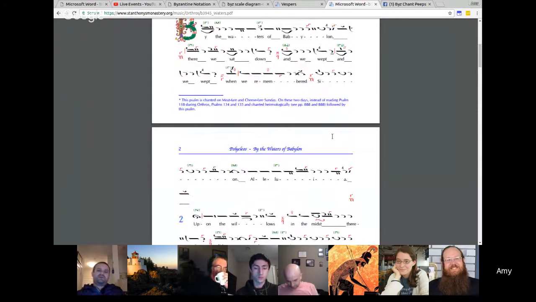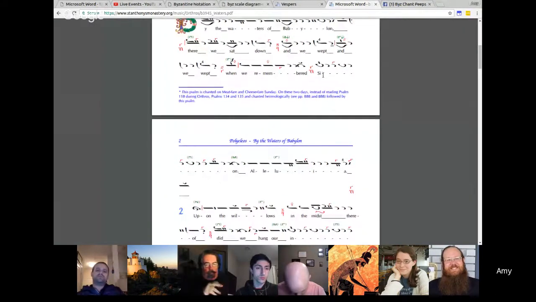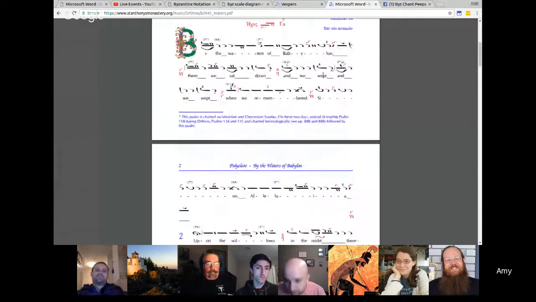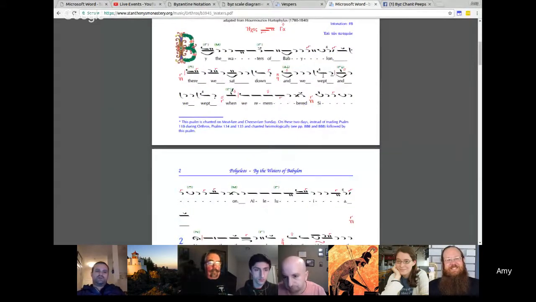I think these things tend to be reminders of the mode, because that zo on Scion is going to be flat. That's going to be zo flat. Unless we're going into troclos on K, in which case zo becomes vu, you're really never going to have zo natural in third mode pieces, I don't think.